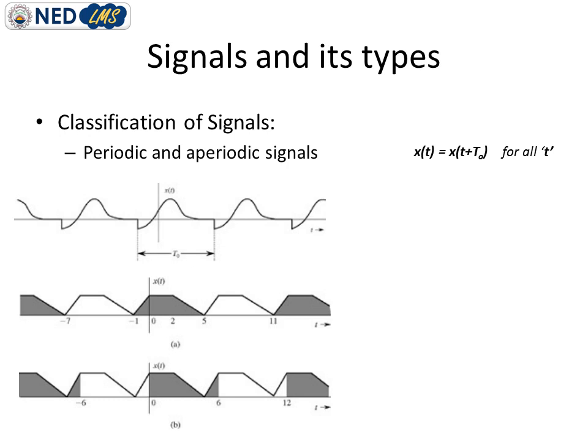As you all know, the first two classifications have already been discussed in the previous lectures, which are continuous time signal and discrete time signal, and analog signal and digital signal.